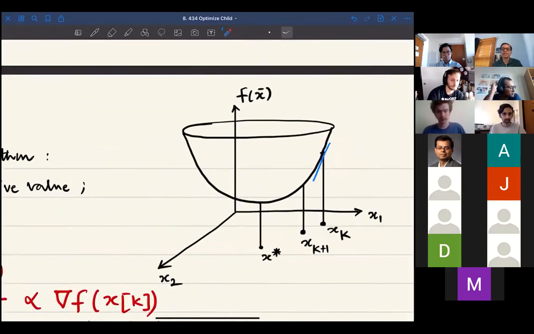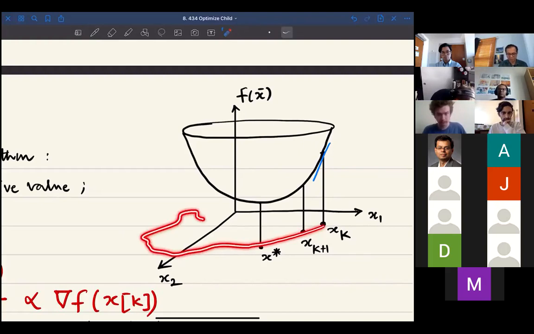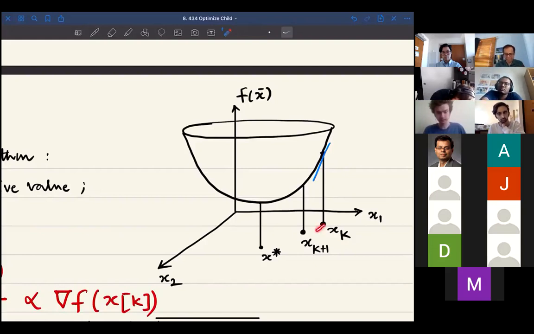Okay. Now, here is the question I have. Can you see a case where you will get close to the minima and then you diverge? In other words, from x0, you get close to x star, but then you diverge. Can there be an alpha for which, as Deep is saying, you get close to x star and then you oscillate around x star, right?